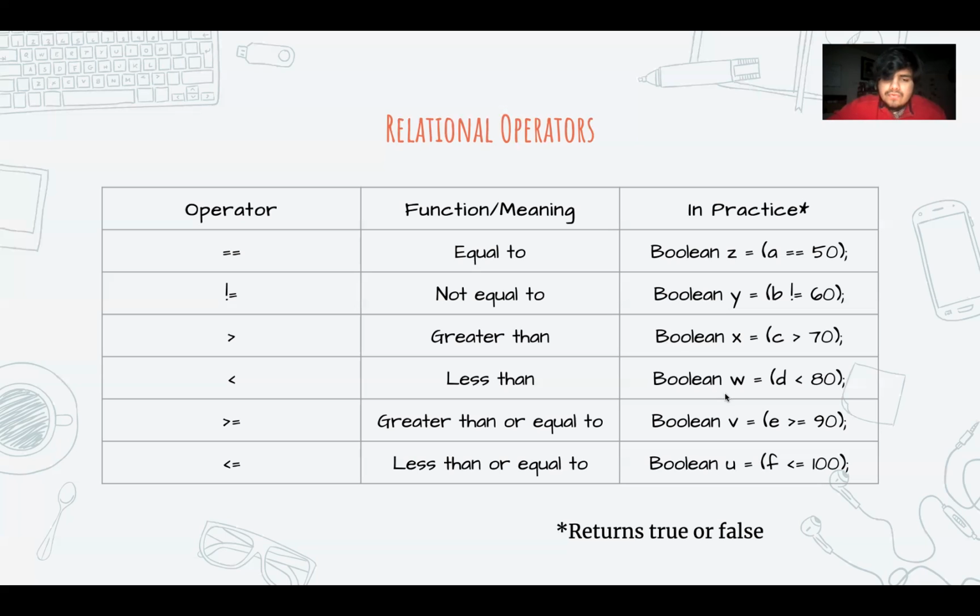It holds true for every single value here. It's important to note the distinction between greater than and greater than or equal to. If I put C is equal to 70, this will return false. But if I put E is equal to 90, then this would be true, because we have that equal sign. The computer knows the difference between the two.